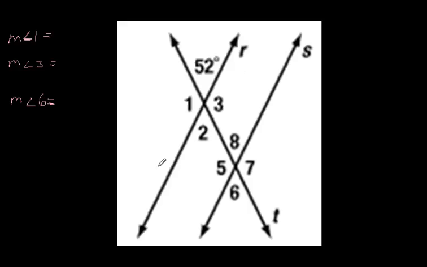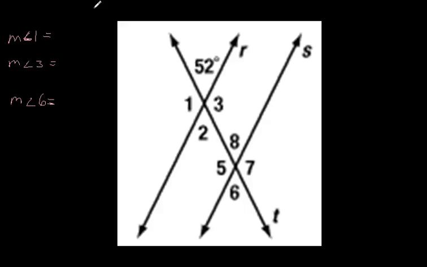Anytime you have two parallel lines cut by a transversal, if this acute angle is 52 degrees, its supplementary angle, angle 1, forms an angle that's equal to 180 degrees when it's added to 52 degrees. A supplementary pair is 180 degrees. So I know that the measure of angle 1 plus 52 equals 180.